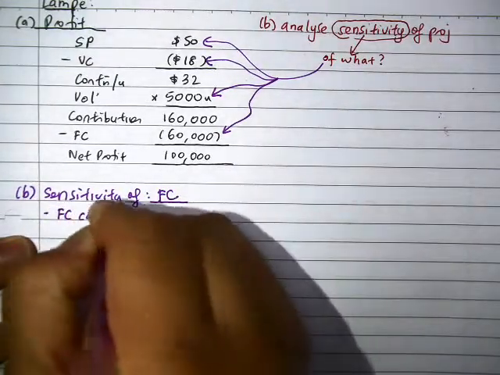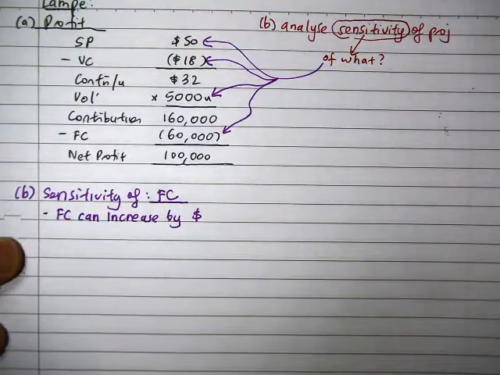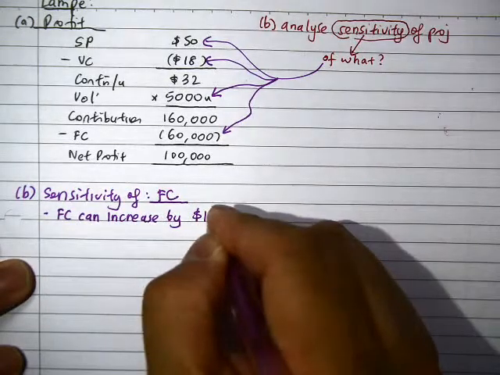Fixed cost can increase by how many thousand? 100.